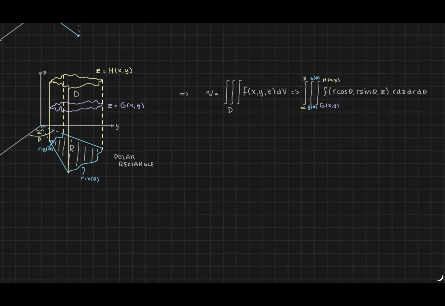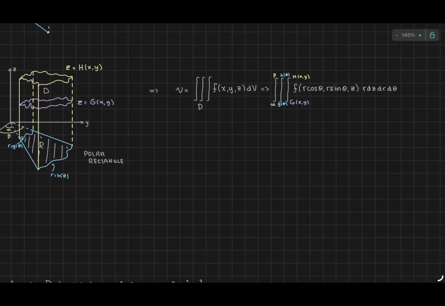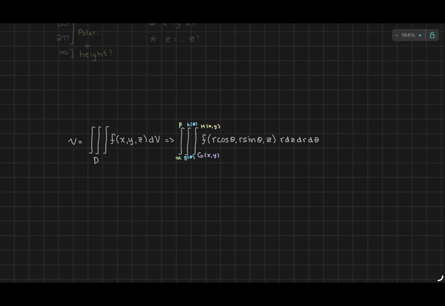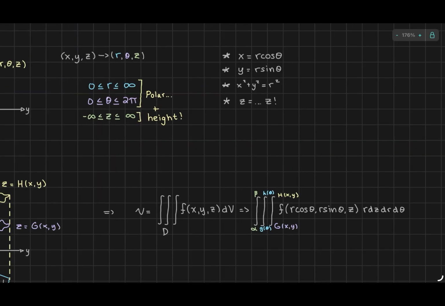Spoiler alert, let's go through this together. We're going to have that transformation of f of r cosine theta, r sine theta, z. We're going to want to transform our integrand into those cylindrical coordinates using our transformations.